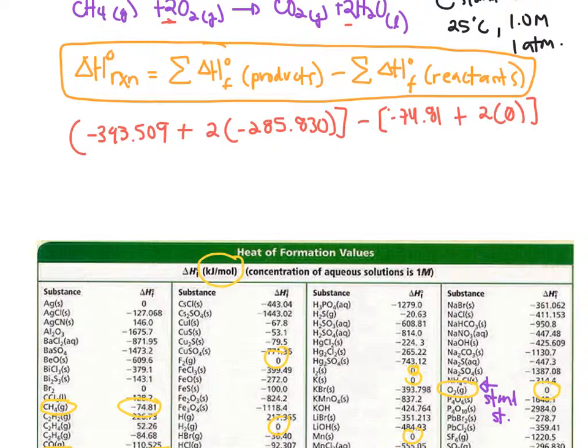If I sum up my products' enthalpies of formation, I get negative 965.169, of course kilojoules per mole. And I'm going to subtract that negative 74.81.